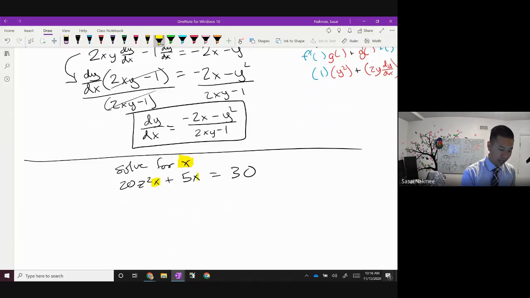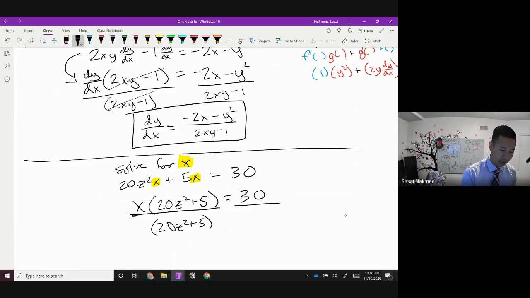Since both terms have an x, I can factor out that x, which is the undistributive property. I get x times 20z squared plus 5 is equal to 30. And if I'm just solving for x, I can get rid of this by dividing by 20z squared plus 5 to the other side. And that gets my x by itself.